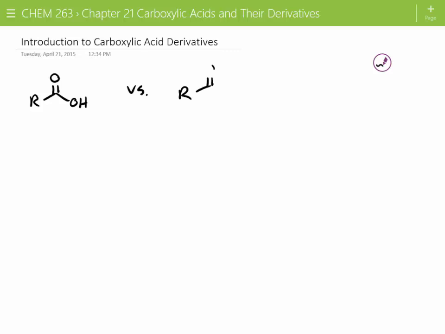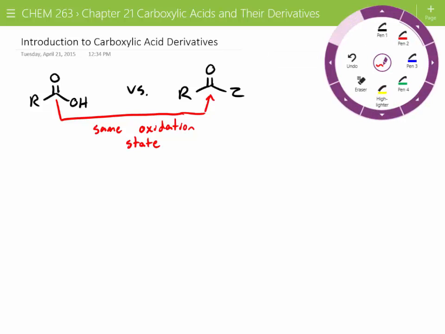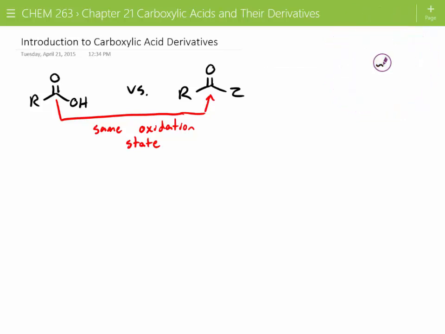And so carboxylic acid derivatives I like to draw using a Z, where Z can be any sort of functional group. But the key thing with the derivative of a carboxylic acid is that they have the same oxidation state. And so in this case, usually it's going to be a +3 oxidation state.